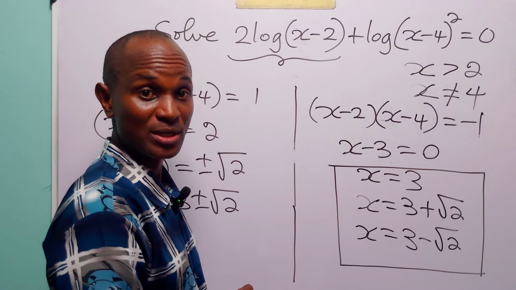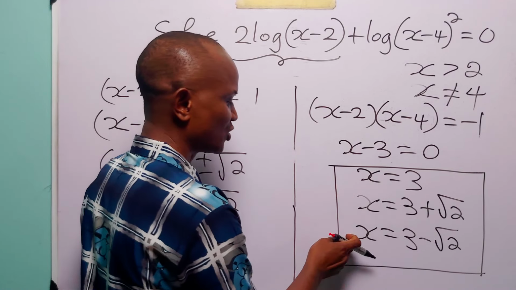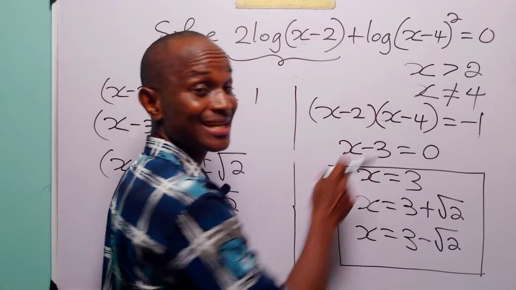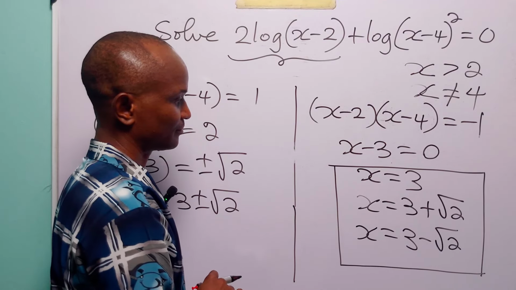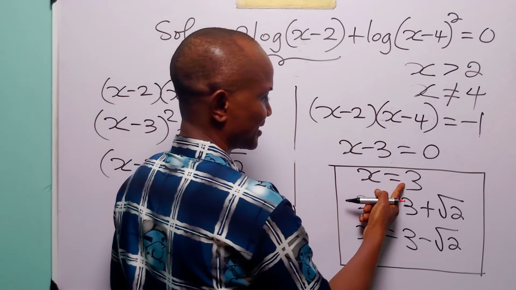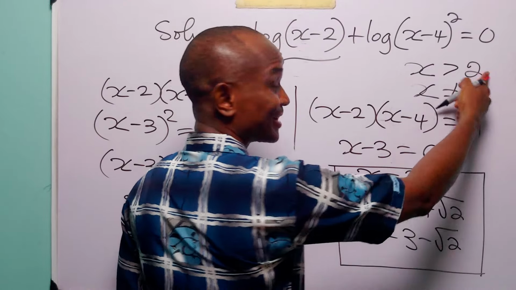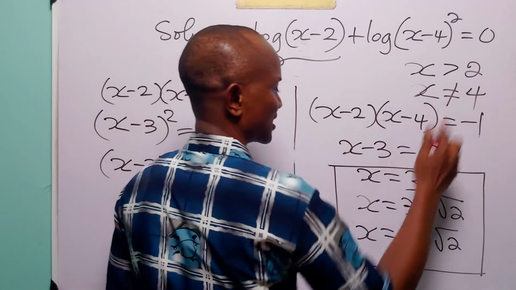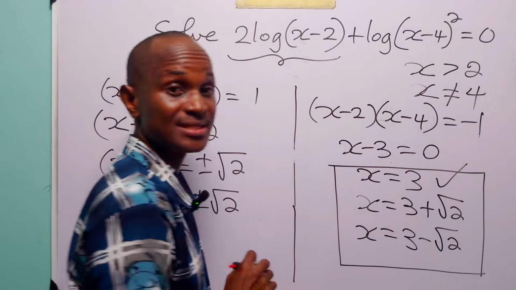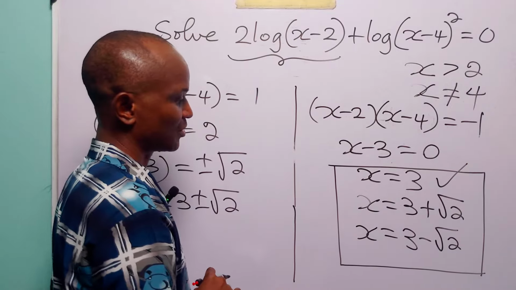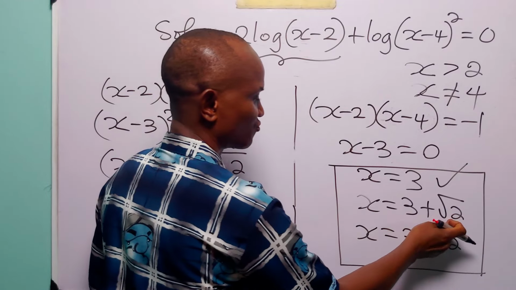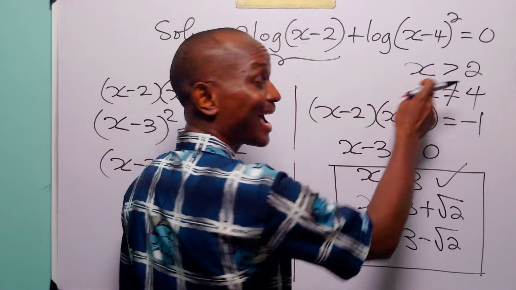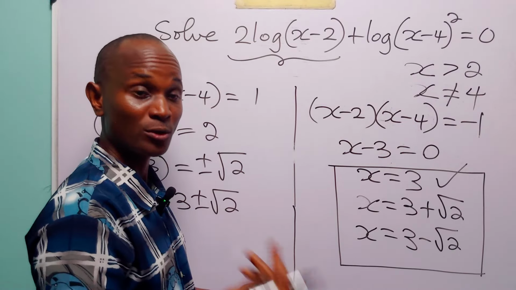And now the final question is, which of these values of x fall within this range? Now, of course, we know that 3 is greater than 2, but not equal to 4. So this is acceptable. We know that 3 plus root 2 is greater than 2, but not equal to 4.